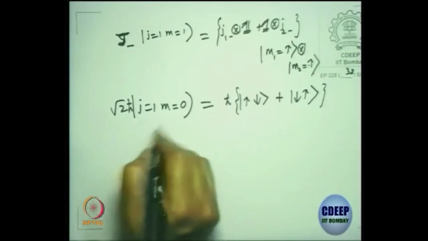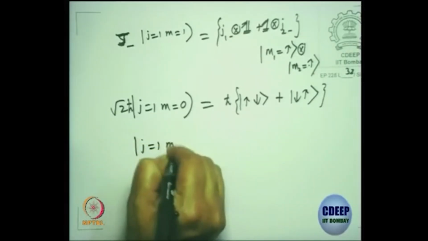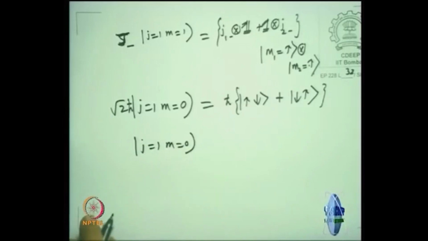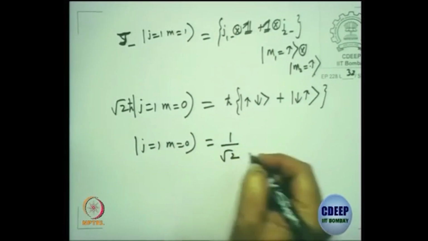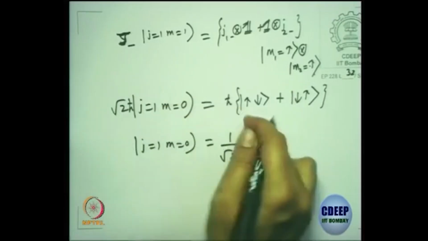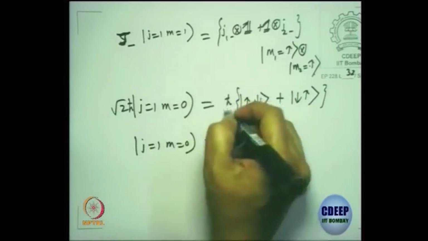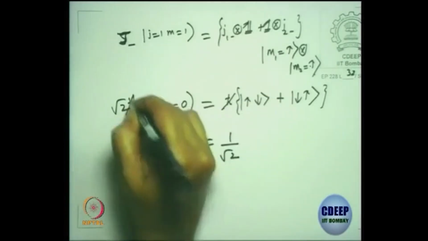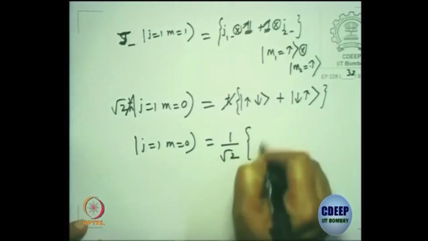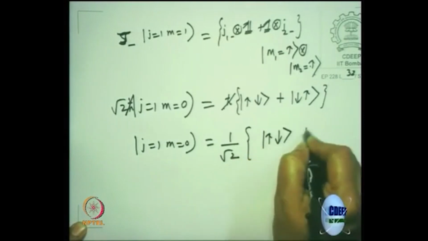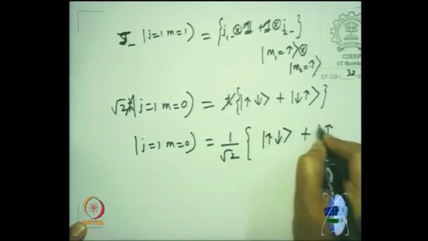So we need to find out j equal to 1, m equal to 0. That state is 1 over square root 2. Take the square root 2 outside from here below. Remove the h cross on both sides. Times up down plus down up.